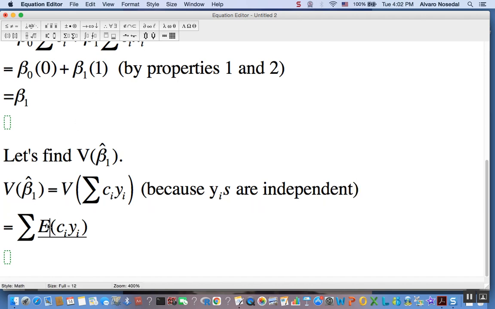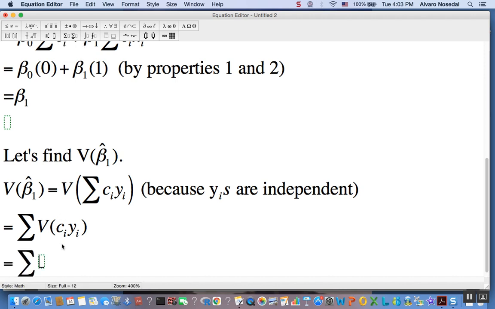Okay. So since we have a sum of independent random variables, the variance of a sum is the sum of variances. Now, we have the variance of a constant times a random variable. We get to pull out this guy, but not exactly as is. We have to square it first, right?